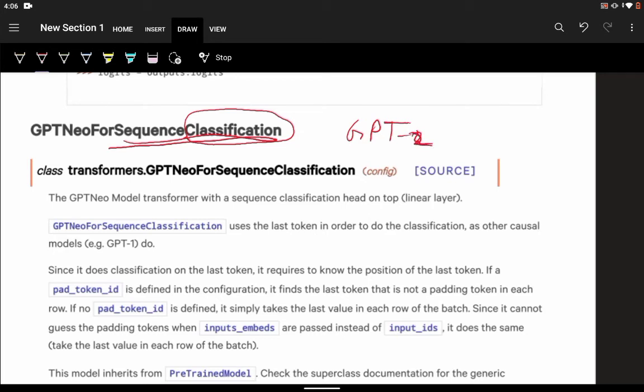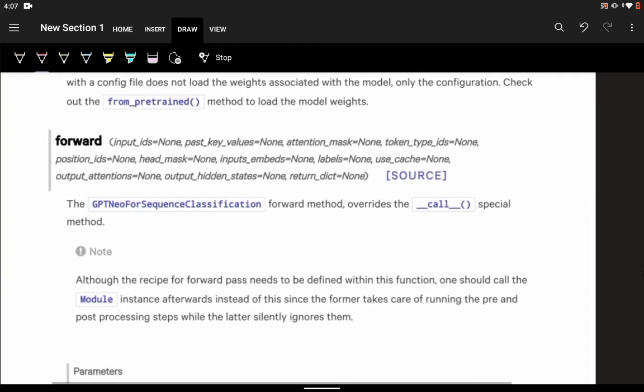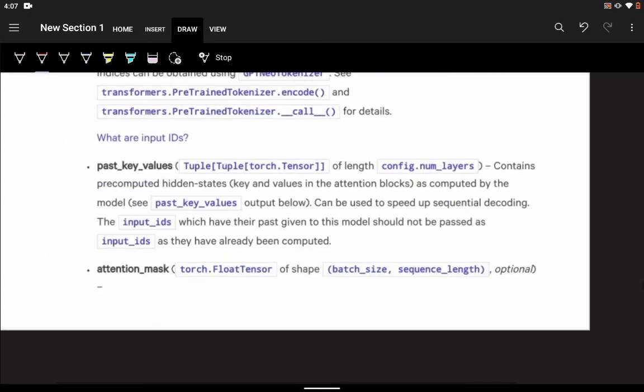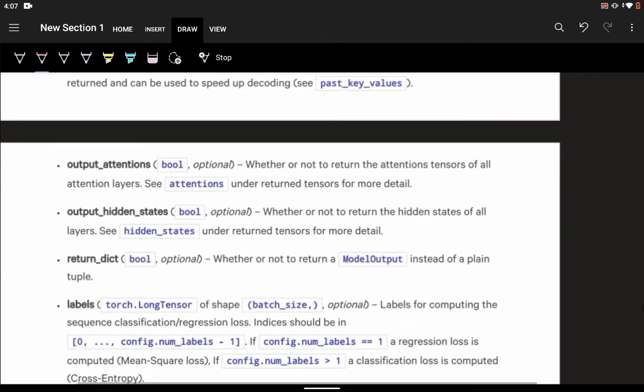The sequence classification head on top uses the last token in order to do the classification, as other causal models do. Okay, so it uses the last token. As far as I know, the BERT model uses the first token. This uses the last token. Right. That's nice. Okay. So here are similar parameters.